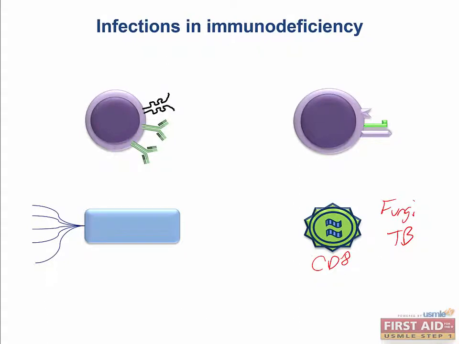Why is this? Because Th1 cells, types of CD4 T cells, release a number of cytokines that stimulate and recruit all the rest of the immune cells. So macrophages get going and get recruited to go phagocytose these thick-walled, troublesome organisms. Fungi, tuberculosis, other mycobacteria.